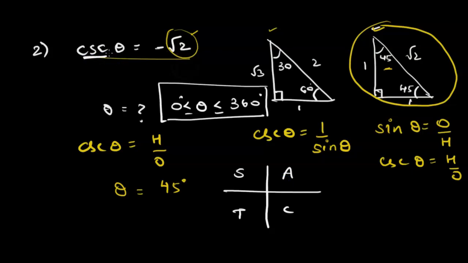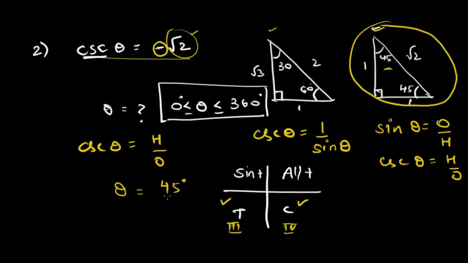So we would see where sine is negative in this unit circle. We know this is all positive and this is sine positive. Therefore, sine is going to be negative in the third and fourth quadrants because our ratio is a negative ratio for cosecant. So the answer also comes from the third and fourth quadrants.